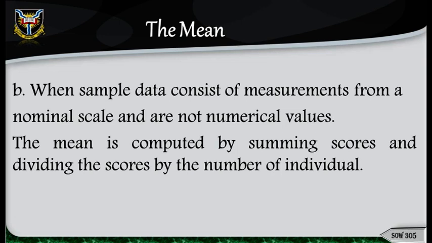The mean is computed by summing scores and dividing the sum by the number of individuals. The mean for a population is represented by μ, the Greek letter mu, while the sample mean is represented by X bar. The mean has various types. In this lecture, we shall discuss only the arithmetic mean.